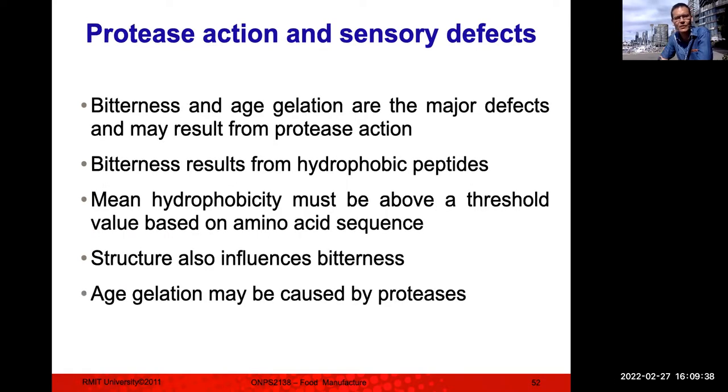Protease action is quite similar in terms of the proteases that can break down the protein, but in this case we have different types of issues that result: bitterness, a bitter flavor from liberation of bitter peptides from proteins, and age gelation are the major defects.